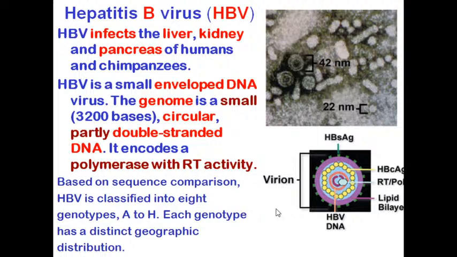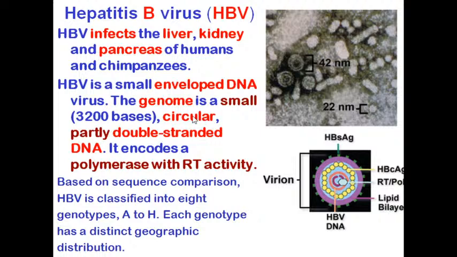This virus infects the liver, kidney, and pancreas of humans and chimpanzees. Other animals cannot really be infected with this virus. This is a quite small enveloped DNA virus. The genome is very small for DNA viruses, just 3,200 base pairs, and it is unusual.